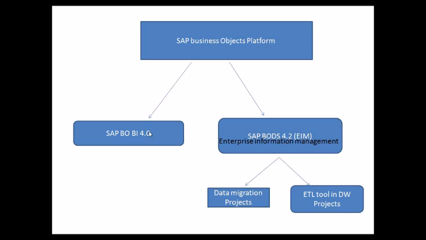SAP products include SAP BW, SAP ECC, CRM, SRM, and whatever modules exist in the SAP ERP system. Coming to the non-SAP perspective, you can take any of the databases existing in the current market, like Oracle, MS SQL, MySQL, Sybase, and so on. We can even extract data from flat files also.